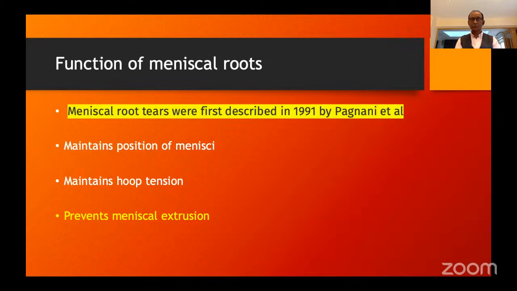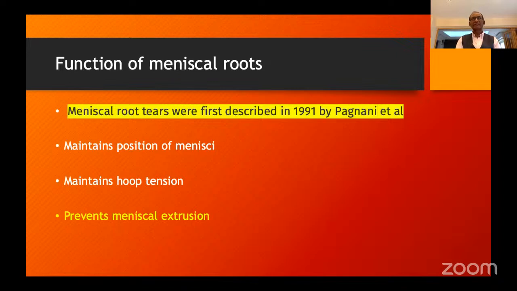Before that, there was no mention of the meniscal root. Once he'd done that, initially there was very strong resistance to accepting it as a pathology, and lots of people used to think that it was actually an industry-driven condition which the industry wanted to promote its kit for doctors to repair. But more and more people over the years have found that no, it is actually a genuine problem.